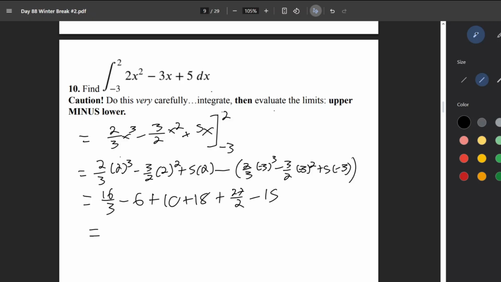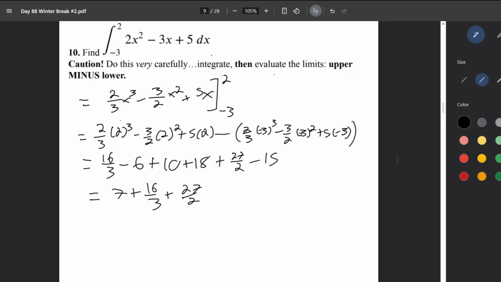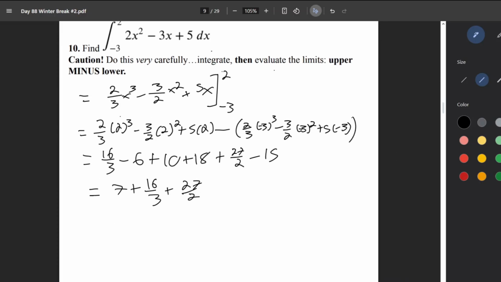Let's have negative 6 plus 10, that would be 4, plus 18, 22 minus 15 is 7, plus 16 over 3, plus 27 over 2. So let's get a common denominator. That would be 6. So 7 times 6 is 42. So we get 42 over 6. 16 times 2 is 32 over 6.